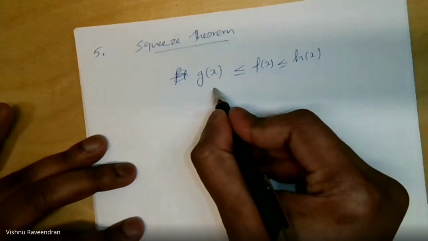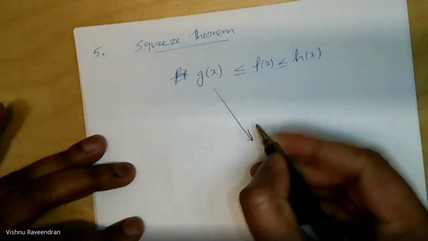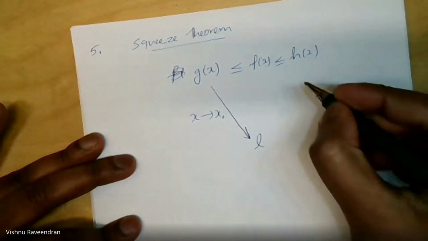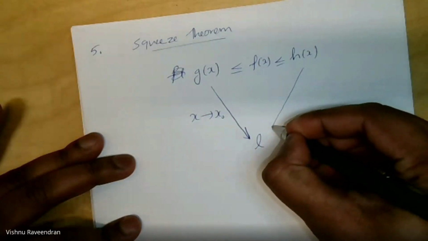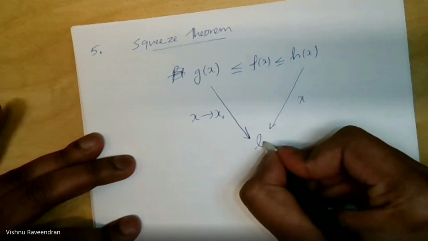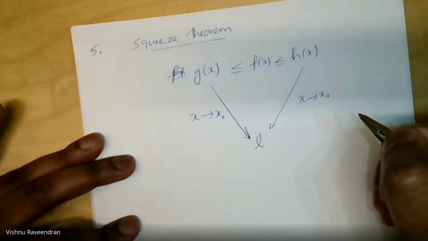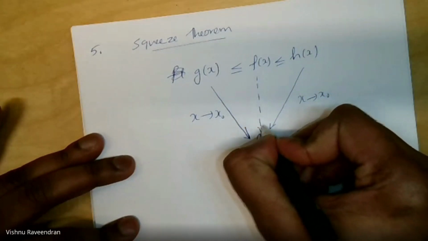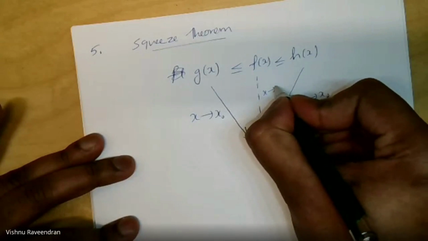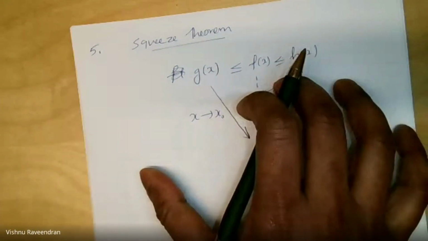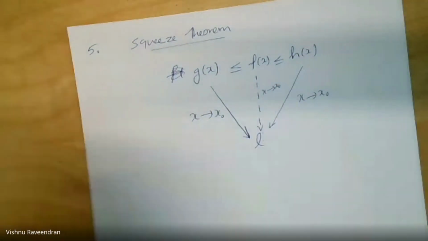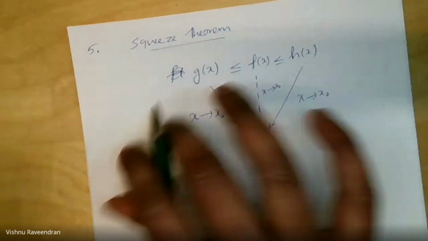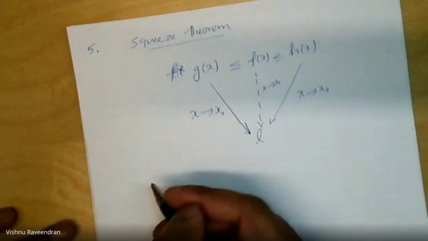And if you know g of x converges to L as x goes to x naught, and you also know h of x also goes to L as x goes to x naught, then it will automatically say f of x also will go to L as x goes to x naught. So this is the idea of the squeeze theorem. I'm not going to discuss the whole statement, but we only need this much actually.